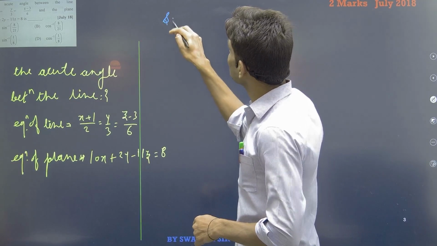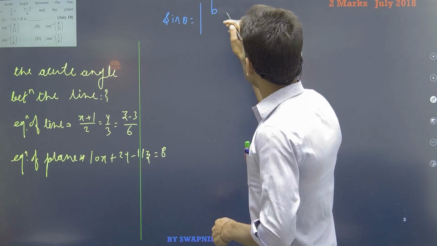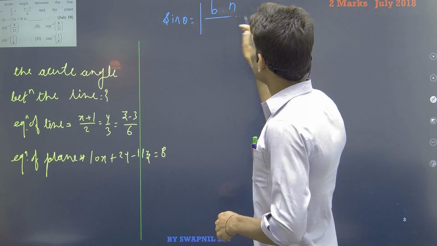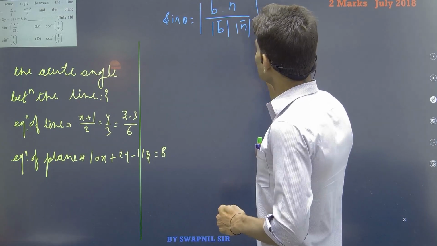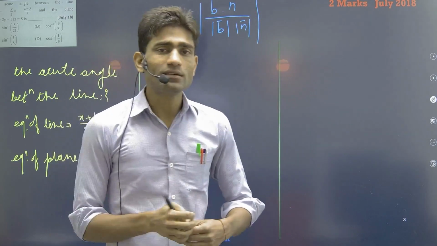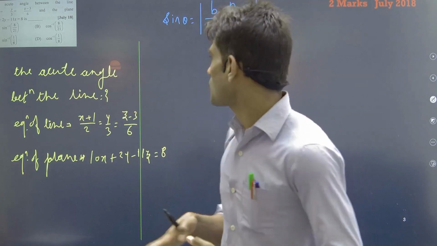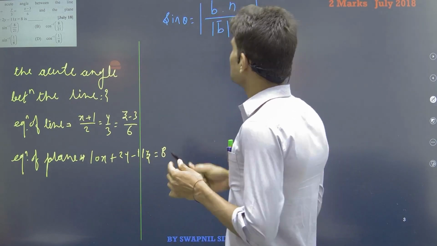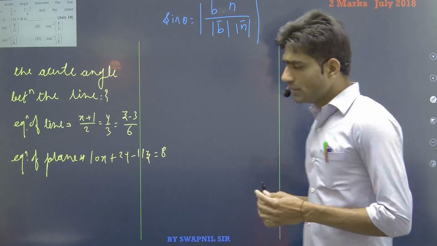We define it as sine theta equal to the modulus of b bar dot n bar upon modulus of b bar into modulus of n bar, all under this modulus. Yes, this one is the acute angle between line and plane.